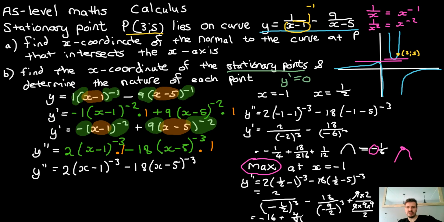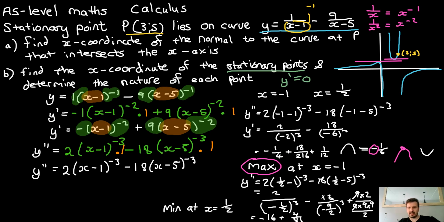Well, 4 over 81 is clearly much smaller than 16. So -16 plus 4 over 81 will still give us a negative, which we were hoping, because negative means a relative min. So we know we have a minimum at x equals a half.